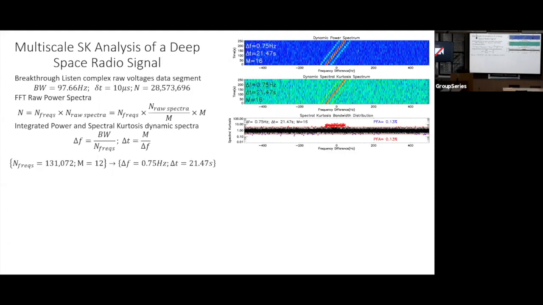But in this case, I had the luxury to have voltage data, so I can play with the M. If I integrated just M12 spectra, I have a very high frequency resolution, 100,000 channels, a frequency resolution of 0.75 hertz, and delta t between spectra of 21. So the integration length is 21 seconds.